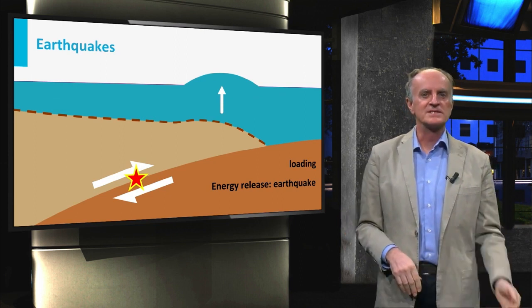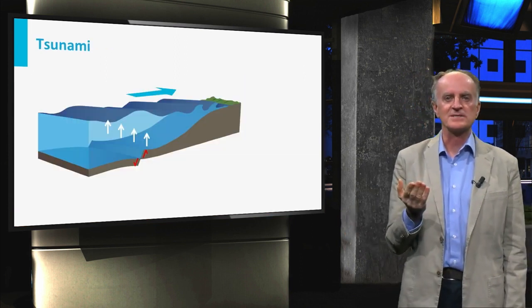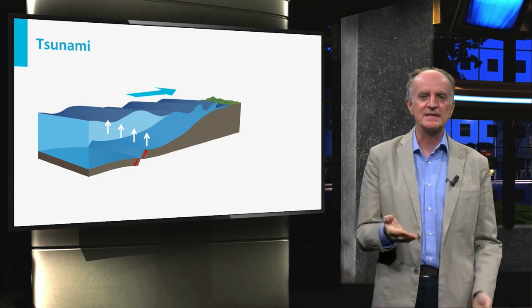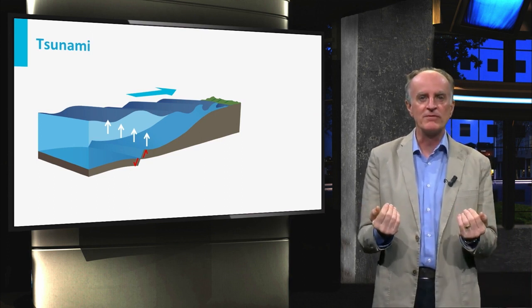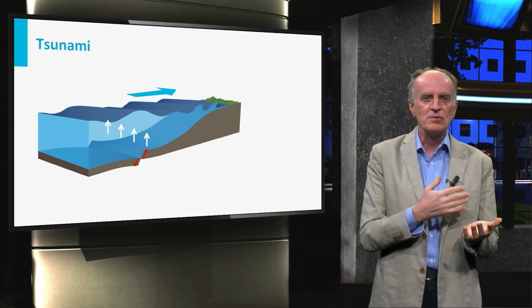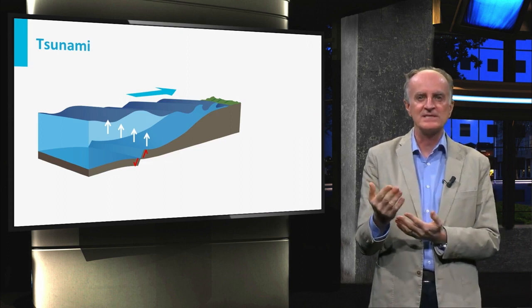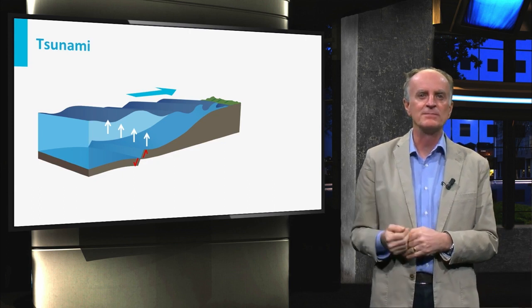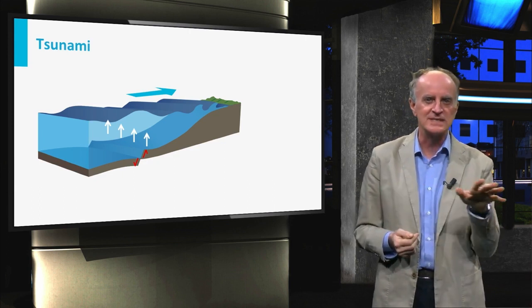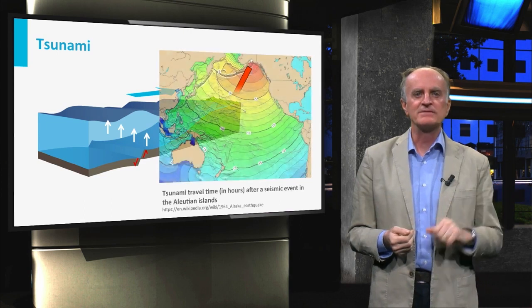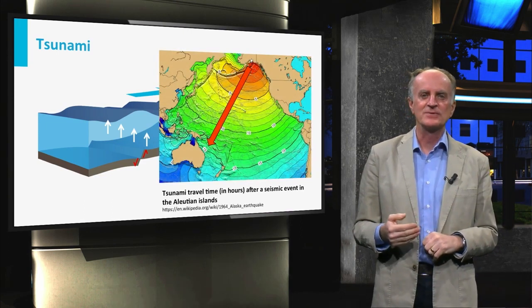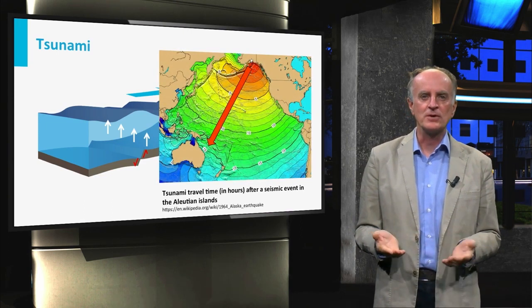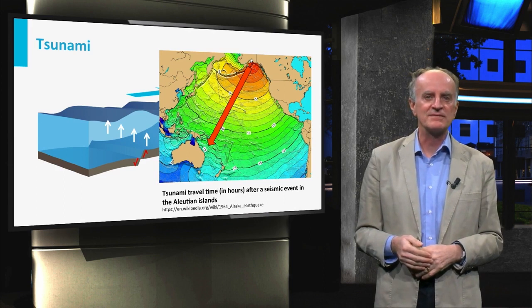One of the most destructive consequences of earthquakes are tsunamis, which are generated by the sudden upward movement of fault blocks. Huge water masses are suddenly displaced, generating waves which travel at velocities of hundreds of kilometers per hour over huge distances. In the case of a major earthquake in Alaska, the tsunami waves reached the coast of Australia 15 hours after the event.